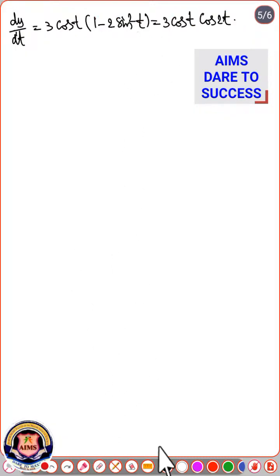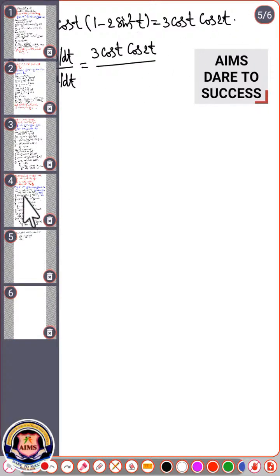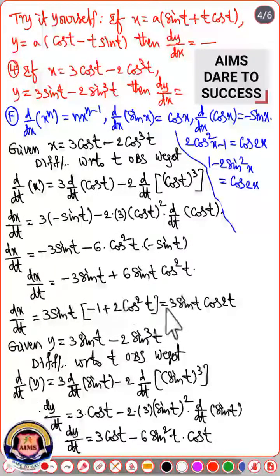Next, we need to find the value of dy by dx. dy by dx means dy by dt divided by dx by dt. dt gets cancelled, and we get dy by dx. So dy by dt is 3 cos t into cos 2t divided by dx by dt, which is 3 sin t cos 2t.